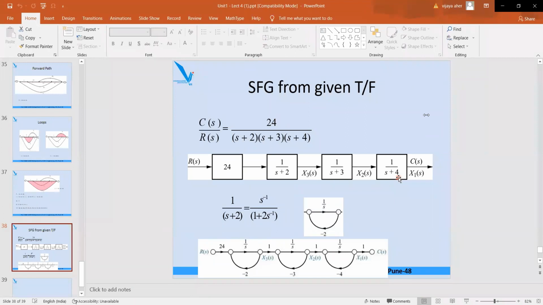Simple. Got 3 equations for these 3 terms. For these 3 transfer functions, I have written them in this form.